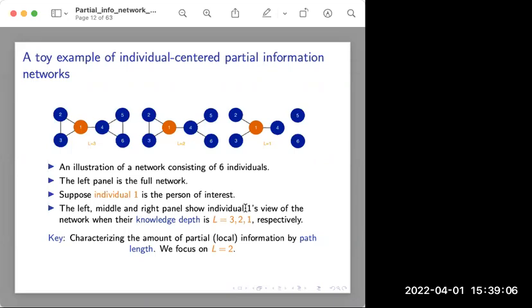L equals 2 is a reasonable starting point for investigation. And L equals 3 is going to involve more complicated analysis. So we'll just do L equals 2 for now. And the question we want to ask is, can we infer everyone's community membership? Do we want to do global community detection based on just this one piece of partial network alone?